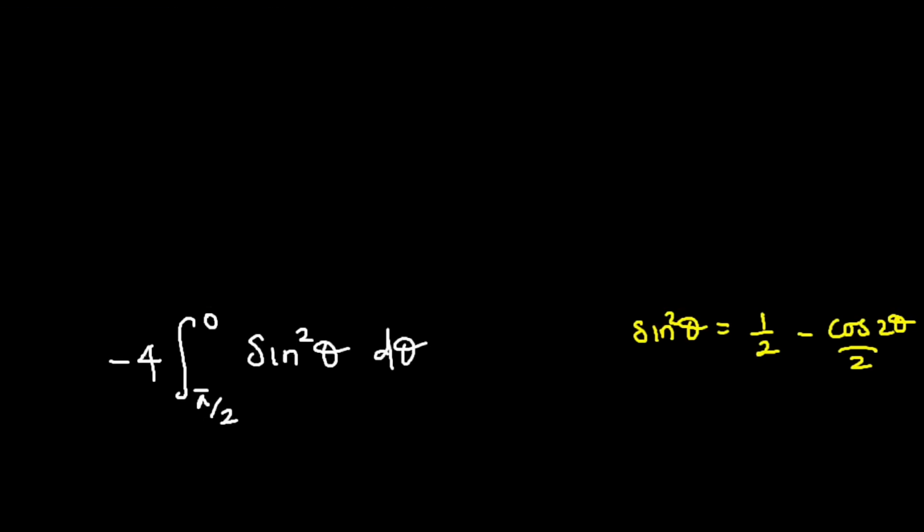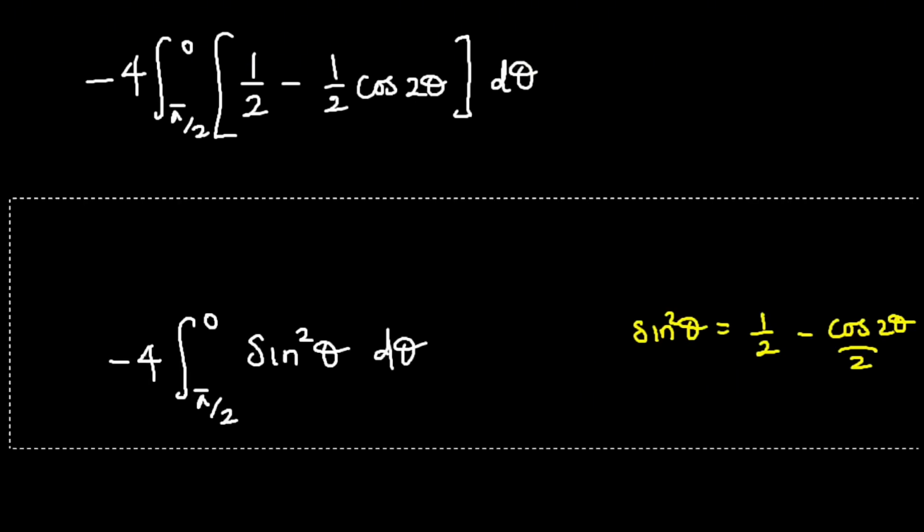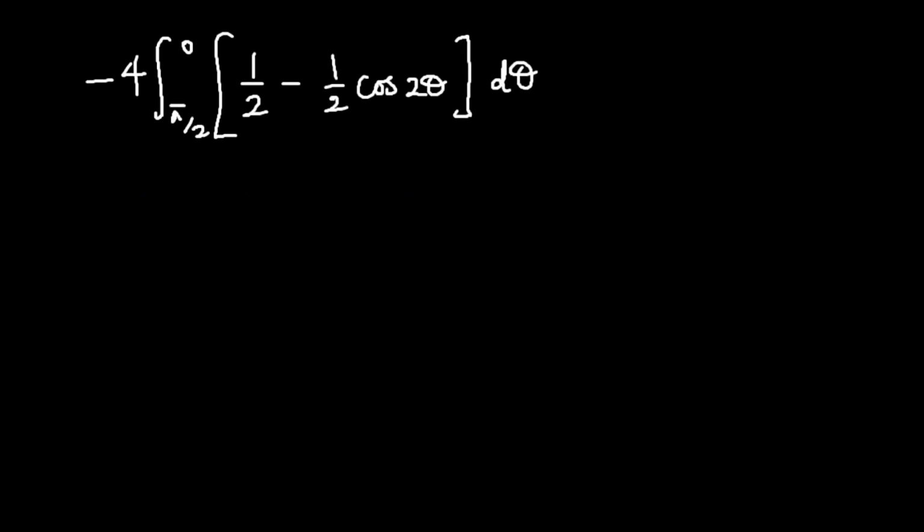So now I would have minus 4 times the integral of pi over 2 to 0 of 1 over 2 minus 1 over 2 cos 2 theta d theta. So it's left for us to integrate this particular expression.